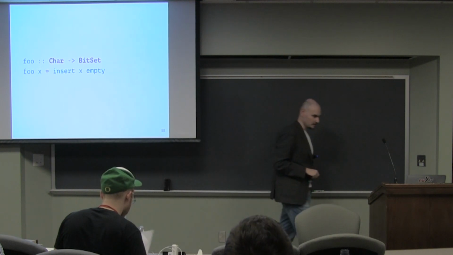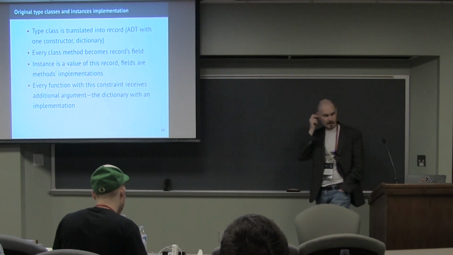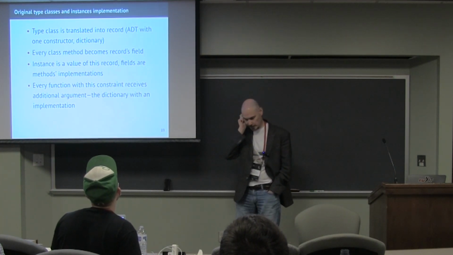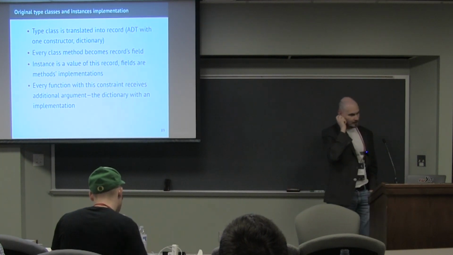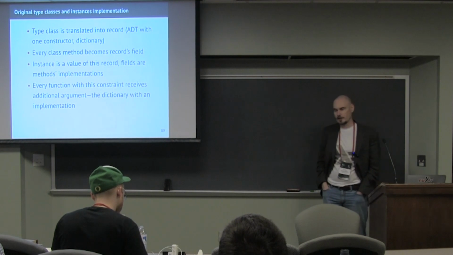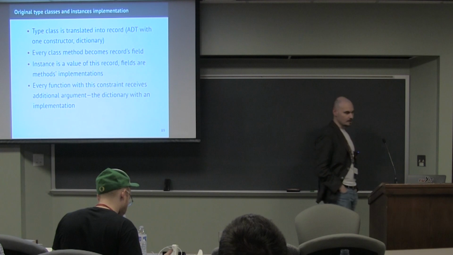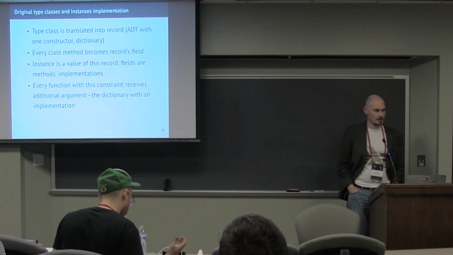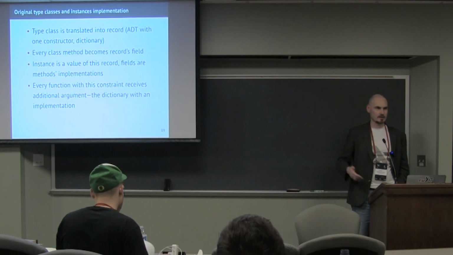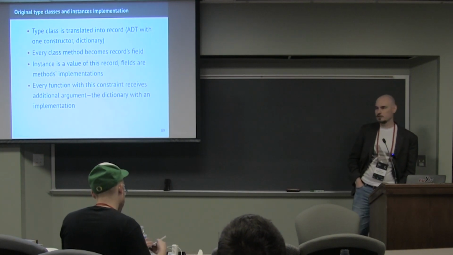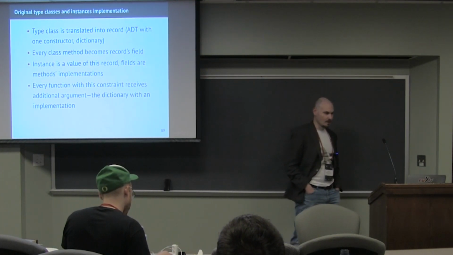So how can we do that? This is an algorithm for implementing type classes and instances in GHC Core. It's a very well-known algorithm. We have no type classes in GHC Core, and instead we do this translation. Every type class is translated into a record, like an algebraic data type with just one constructor, or we also call it a dictionary of methods of this type class.